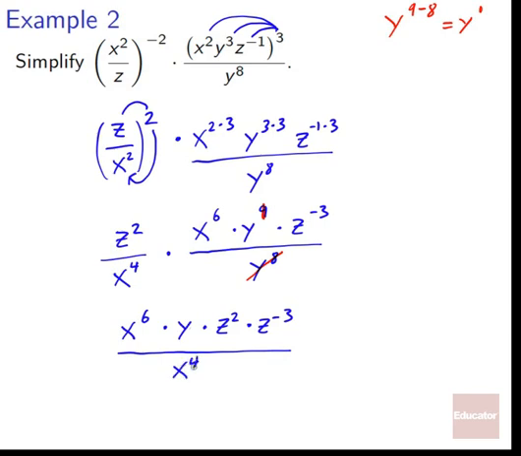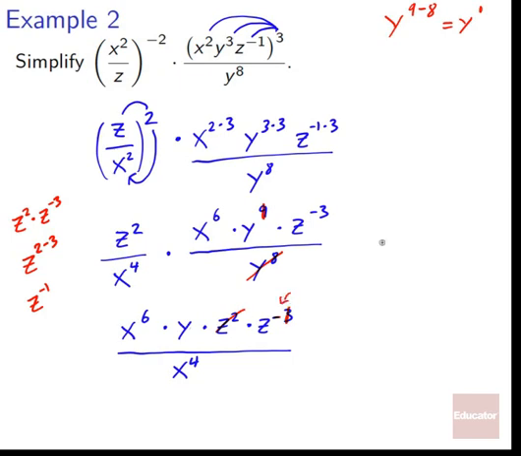And that's all we've got on the bottom at this point. So we see we've got z squared, we've got z to the negative 3, so that'll combine and we'll get negative 1, because negative 3 plus 2. z squared times z to the negative 3, they combine through addition because they're both just multiplying each other. So we've got z to the 2 minus 3, which becomes z to the negative 1, which is how we get what we have right here.